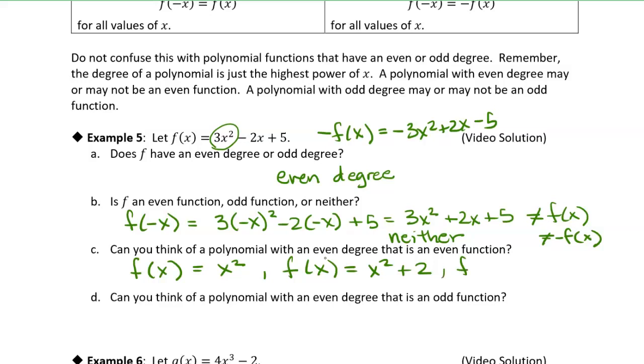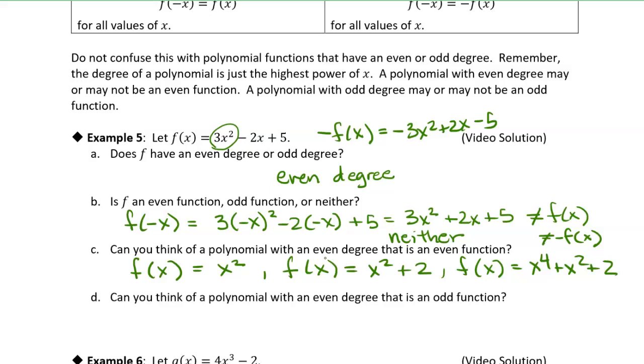Or we could have really anything with only even degree terms, right? So I could have something like x to the 4th plus x squared plus 2. Those would all be examples of polynomials with an even degree that is also an even function.